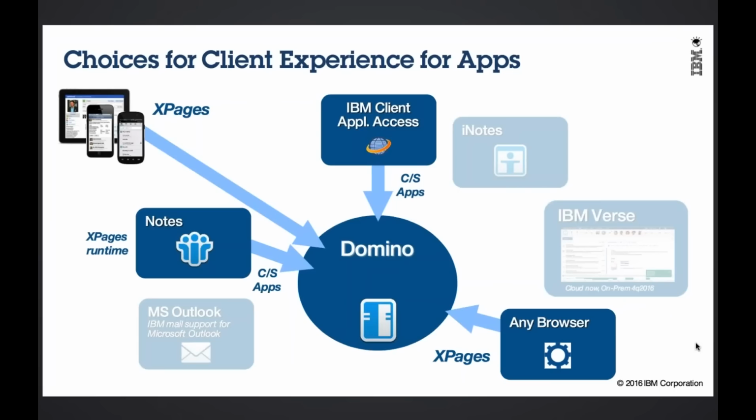But the whole point is that we're also taking your client-server applications forward. So things that used to work on Notes and Domino as a client-server app can still work there, but could also work with the client application access, as we talked about earlier, and Barry also mentioned that we are making this the way to do client-server apps going forward rather than what we did with the browser plugin.